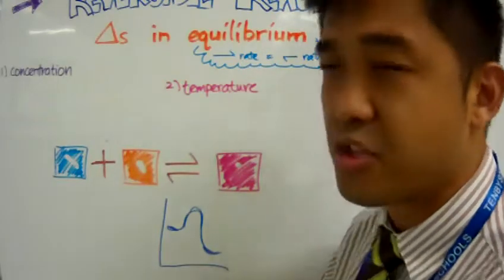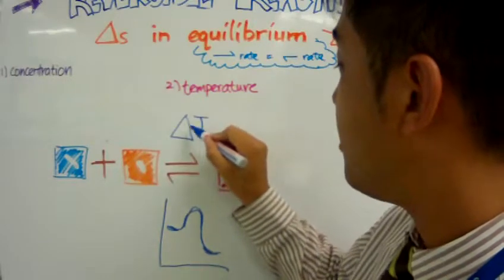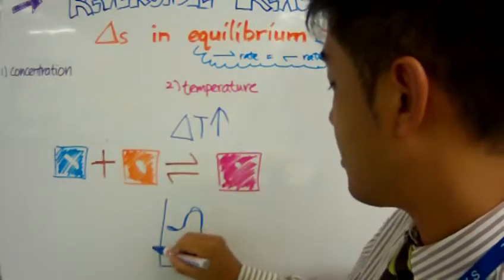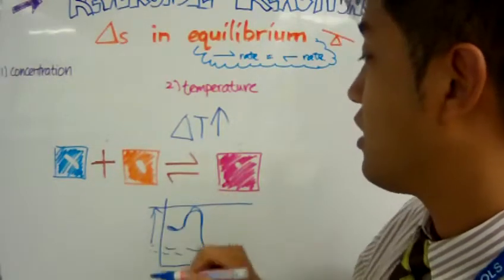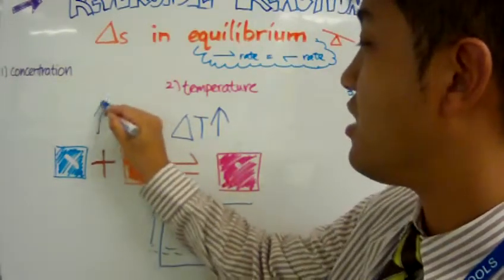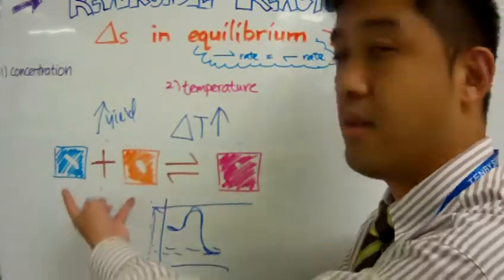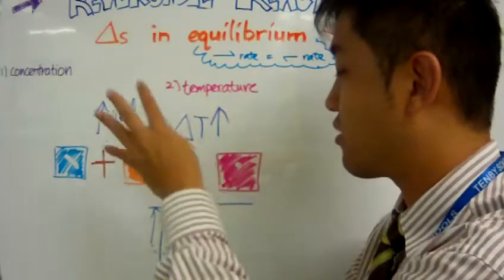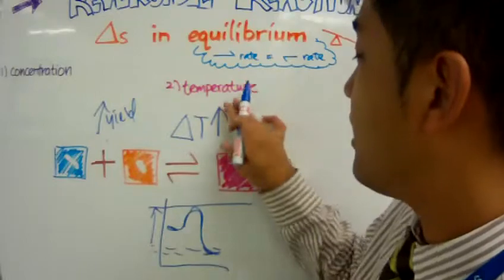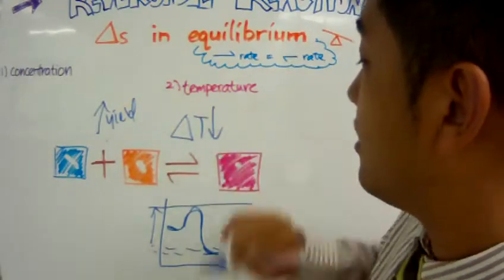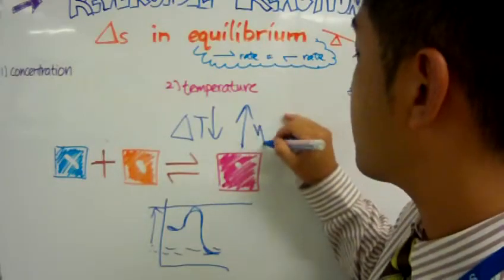If this was an exothermic reaction, when we increase the temperature, so we're going to move the temperature from down here to up here, what is going to happen is that you're going to increase the yield of the reactants. All right, this is going to be formed, and this is going to go down. All right, but if we decrease the temperature, the yield of the products is going to go up.